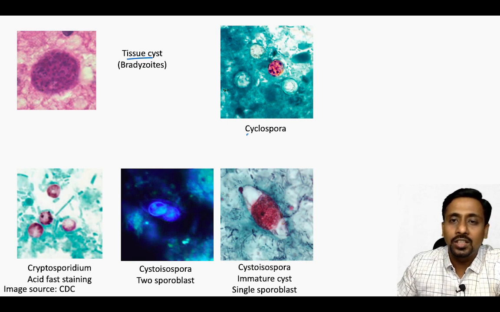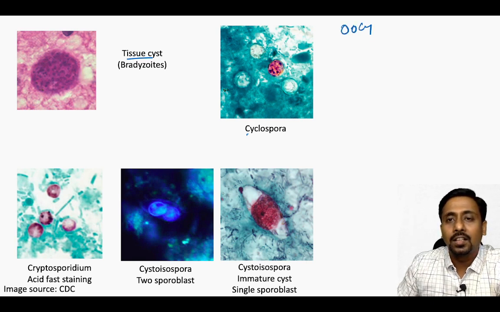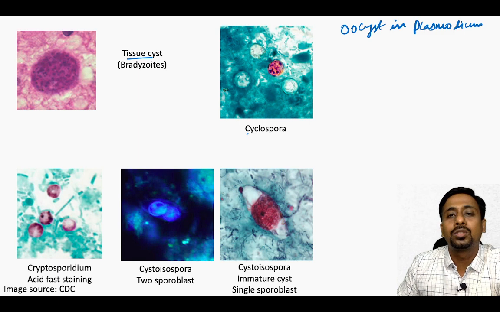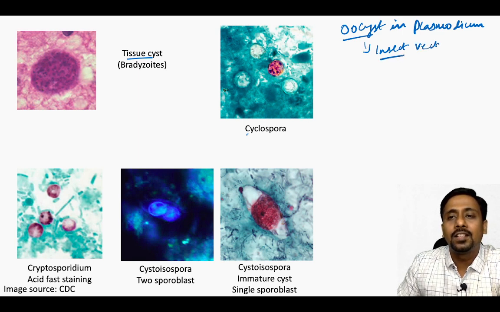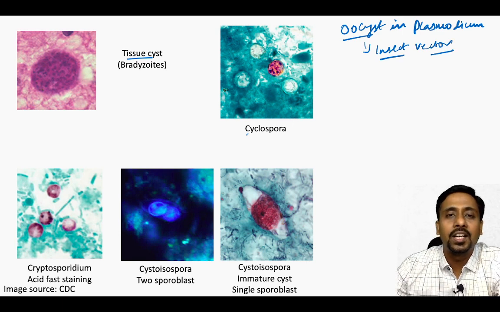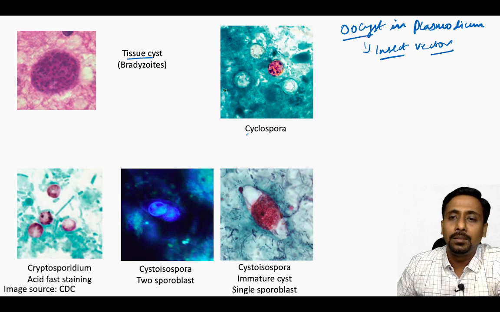So oocyst is present in plasmodium, which contains the sporozoites, like the oocysts of other coccidian parasites, but these oocysts are formed inside the insect vector from the micro and macro gametes. And what is the insect vector? I'll make a separate lecture for that, but still I'm asking. The insect vector in case of plasmodium is the female Anopheles mosquito.